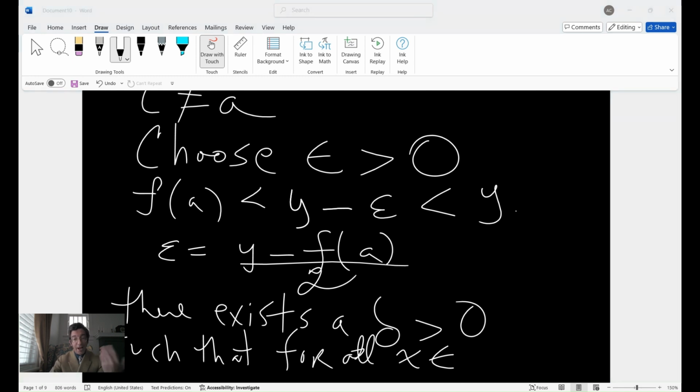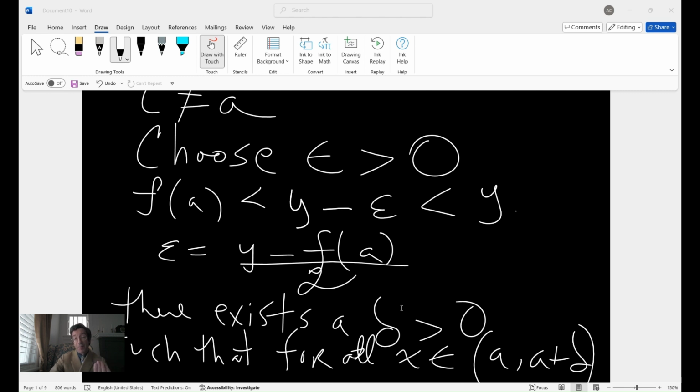and we could write it out as a plus a comma plus a plus delta. So we have, in this case, f of x is going to be less than y.